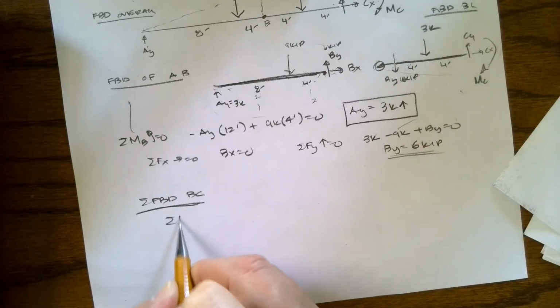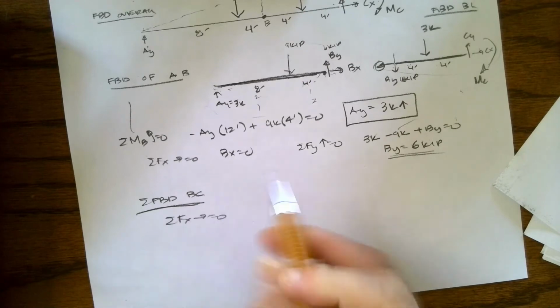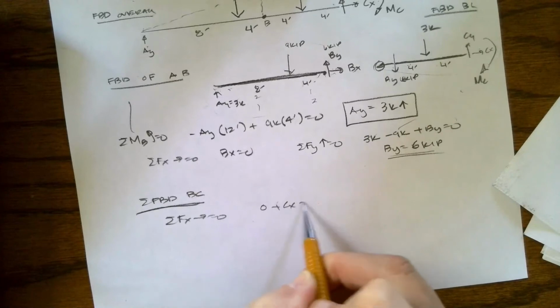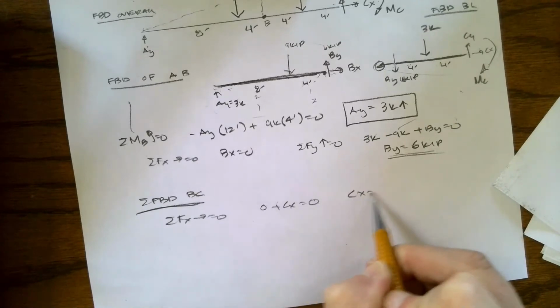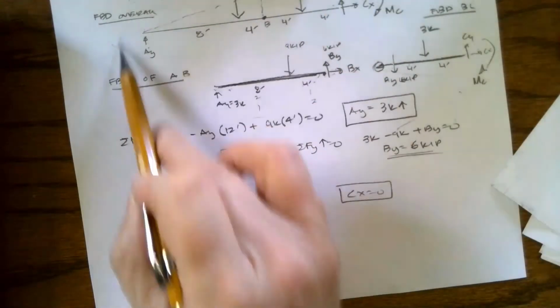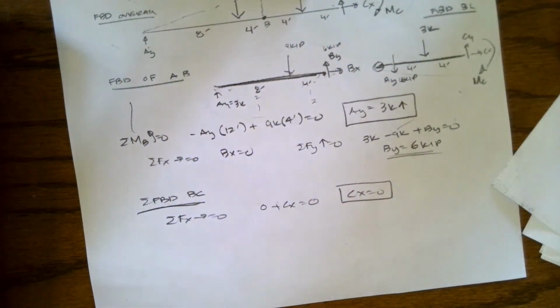So the first thing I'm going to do is sum forces in the x direction, and I have a 0 over here plus CX equals 0, CX equals 0. And I can do a quick scan of my overall, and that makes sense. I don't have anything in the x direction. Okay.